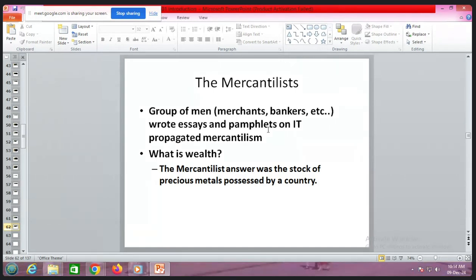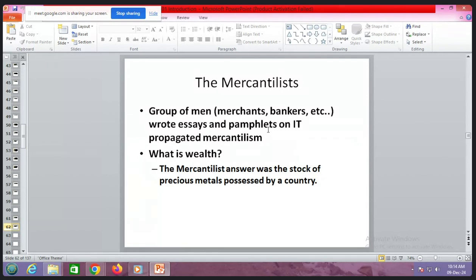Okay, so the theory that we are looking at is called mercantilism, which has been derived from the word mercantile. Basically, these were the writings that got spread in European countries, especially in England and France.